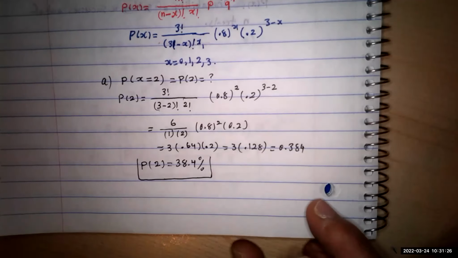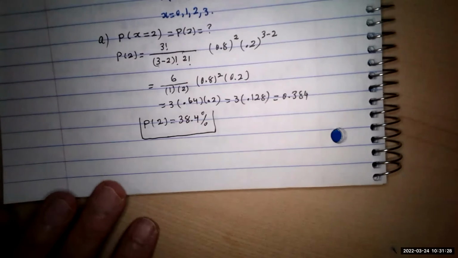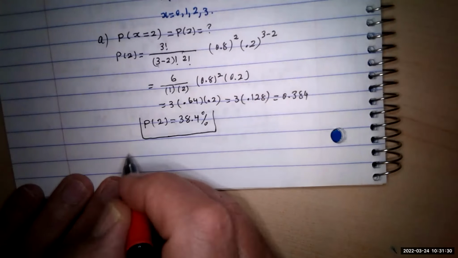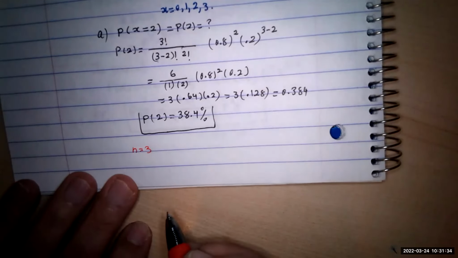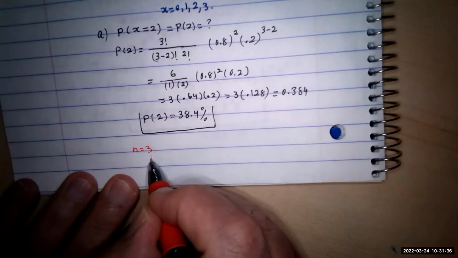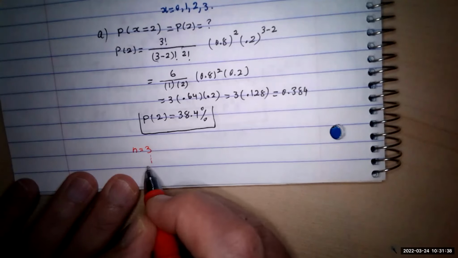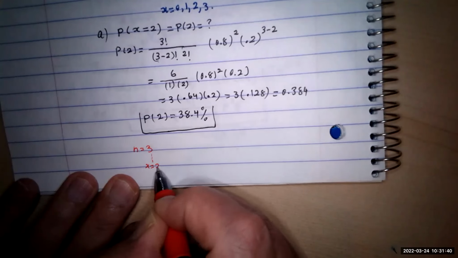You identify the n first. If we write it down here so that you know how we pick this one, this is the way you do it using the table. You pick the n first: n is equal to 3. Your r, or x, is equal to 2.